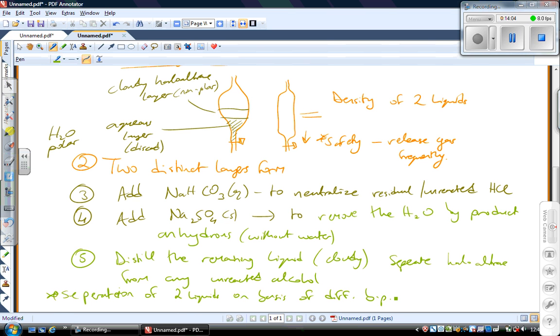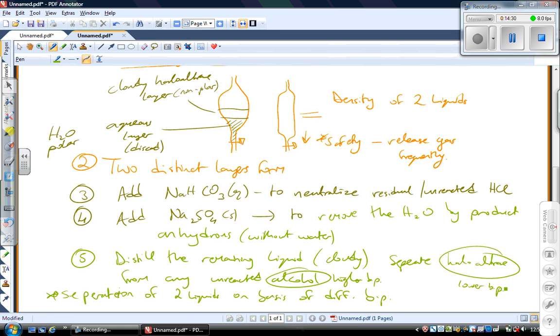So in this case, the haloalkane will have a lower boiling point than the unreacted alcohol, which has a higher one. So at the lower temperature, the haloalkane will boil off first. Then you recondense that and take it over the other side of the distillation equipment, and then you have your pure haloalkane, and your residual unreacted alcohol is left over, still inside your reaction vessel.